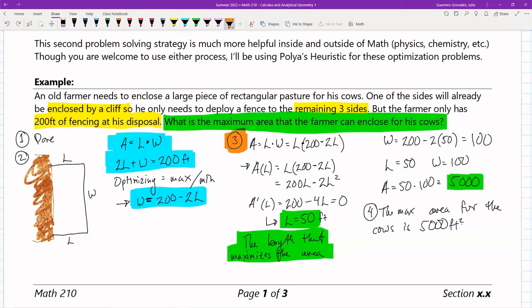Step three, we actually went through it. We found our equations and we needed to use calculus. That's what we did, and we got our numerical answer. And then finally for step four, we end up summarizing our work into this nice phrase right here.